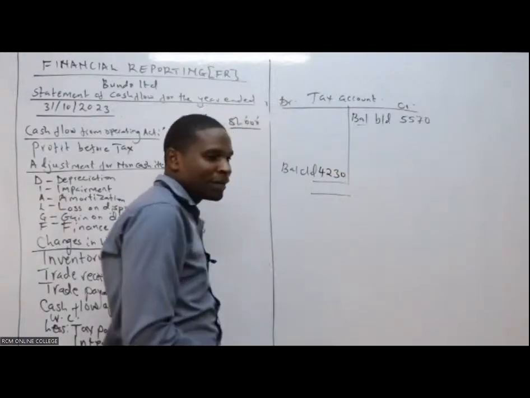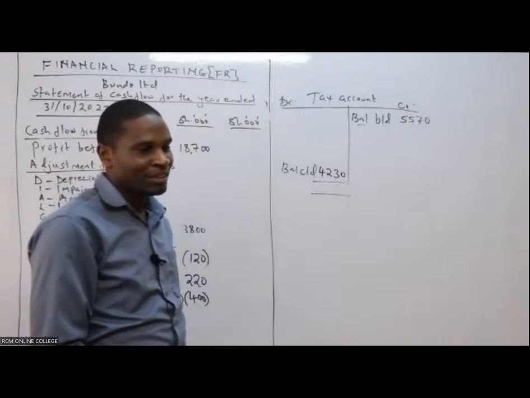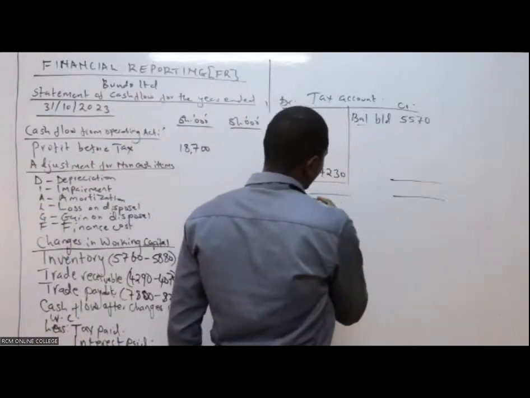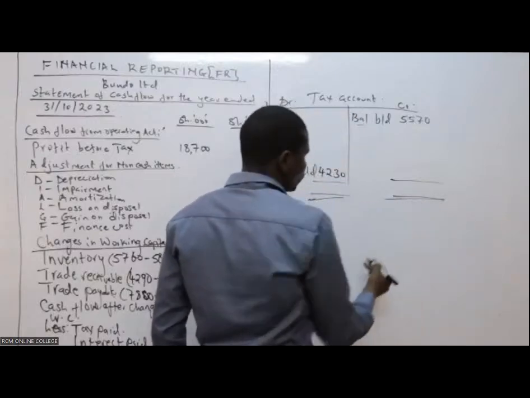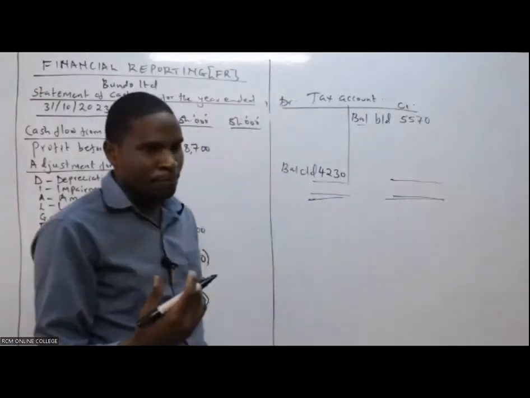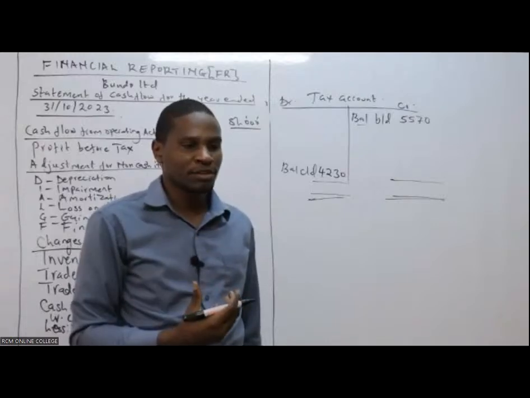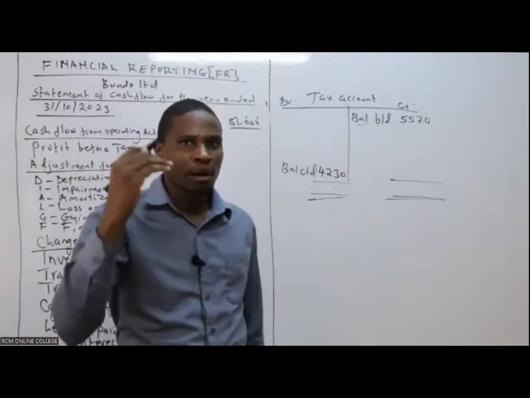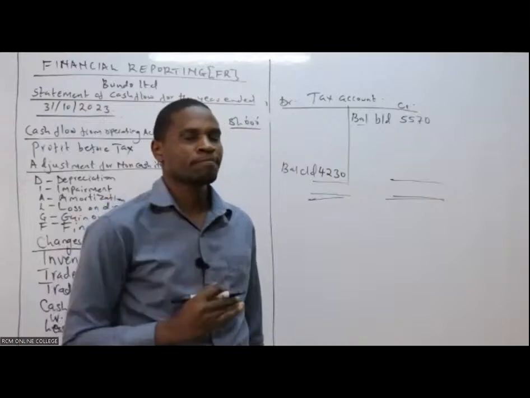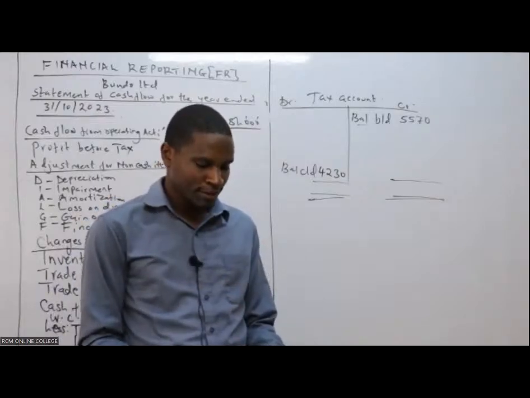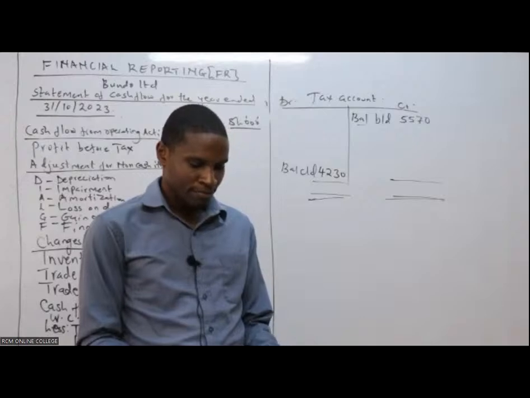Sasa hizi vitu jameni, itakuwa ngumu kwenu kweli? It should not. Now, I want you to tell me or to guide me. If you look at the income statement, the provided income statement, can you see tax somewhere? Kuna tax walilipa?